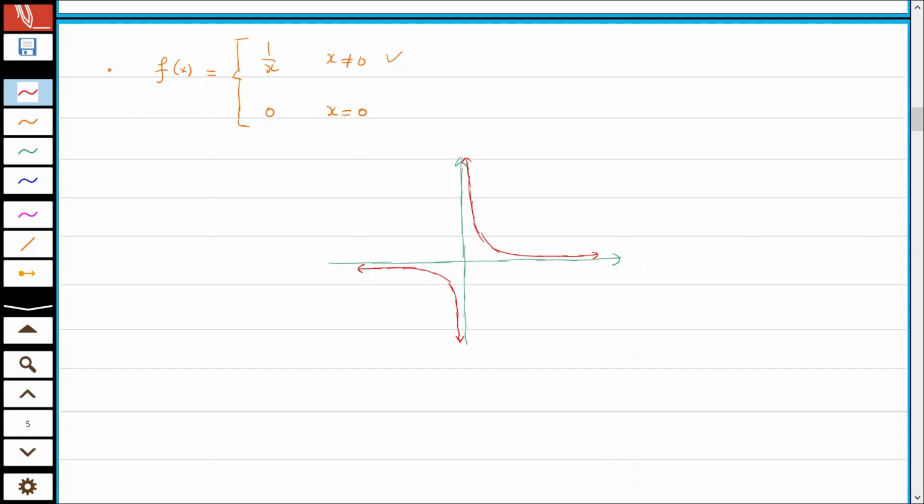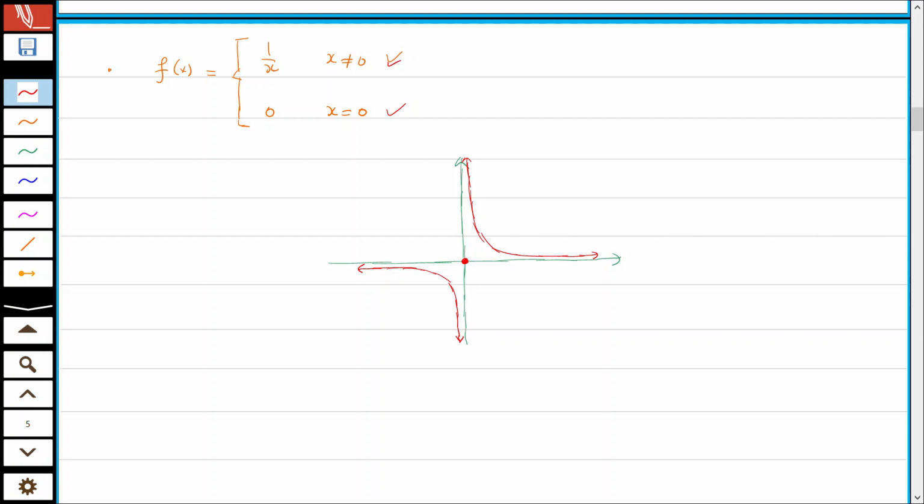But there is one more thing that is involved here. The value of the function at 0 is given as 0. So this origin is also part of the graph because of this part. Now you can see that there is a vertical asymptote at x equals 0.